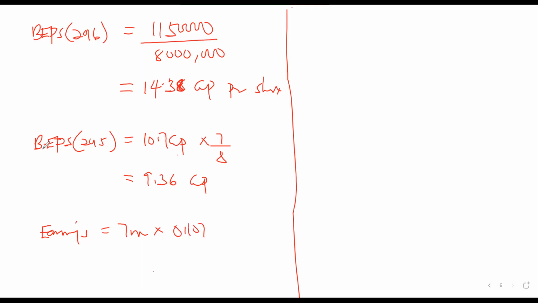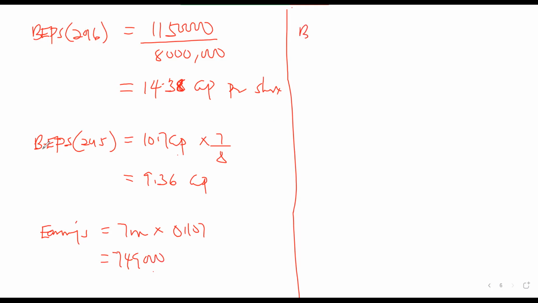So you multiply by 7 million, what are we having? 7 million times 0.107. I'm getting 749,000. Okay, 749,000. That is the earnings for last year.